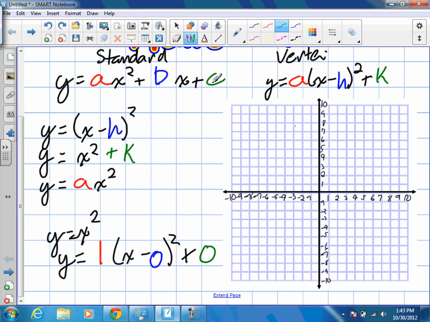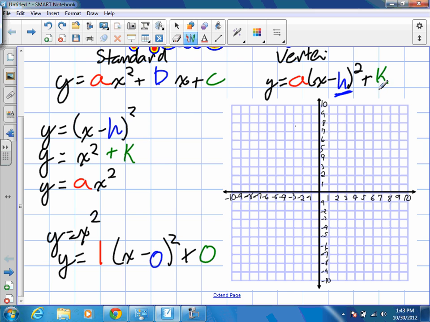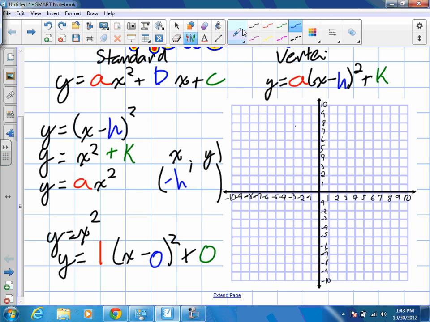Now, what's important is our h and k values actually tell us the coordinate of the vertex. The vertex of any of our quadratics is written, when in vertex form, right in the question. Our x value and our y value are essentially just the opposite of the h value, so I'm going to say negative h, and whatever the k value is.